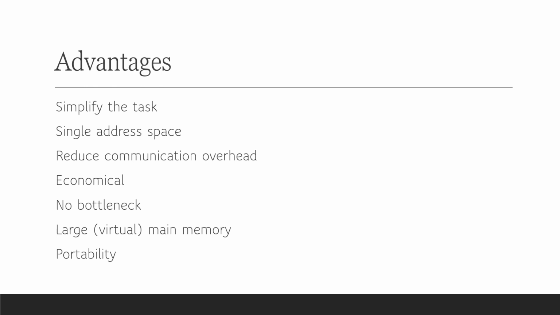There is no bottleneck presented by a single memory access bus. Distributed shared memory effectively provides a large virtual main memory so that we can accommodate complex programs. It also provides portability of programs written using it. This portability arises due to a common DSM programming interface, which is independent of the operating system and other lower-level system characteristics.